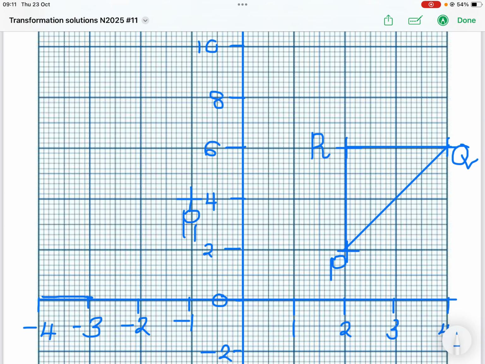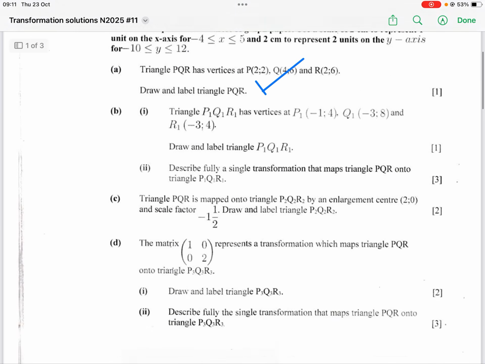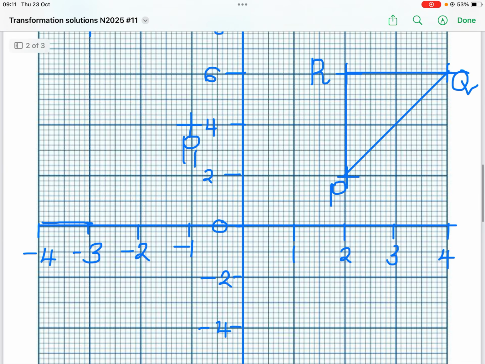Next coordinate, (-3, 8), it is this point. We are going to label that this is Q2. And then finally, we have (-3, 4), it is this coordinate. So we are going to label that this is R1.